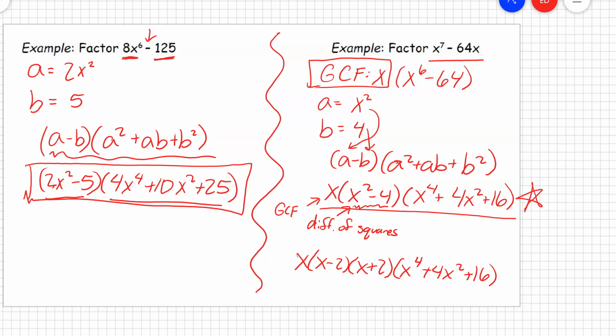Alright, so when that happens, we do need to break that apart. And that would just end up being x times x minus 2 times x plus 2 times x to the 4th plus 4x to the 2nd plus 16. And this would give you a fully factored polynomial, which would allow you to see what's going on with the zeros very easily on the graph.